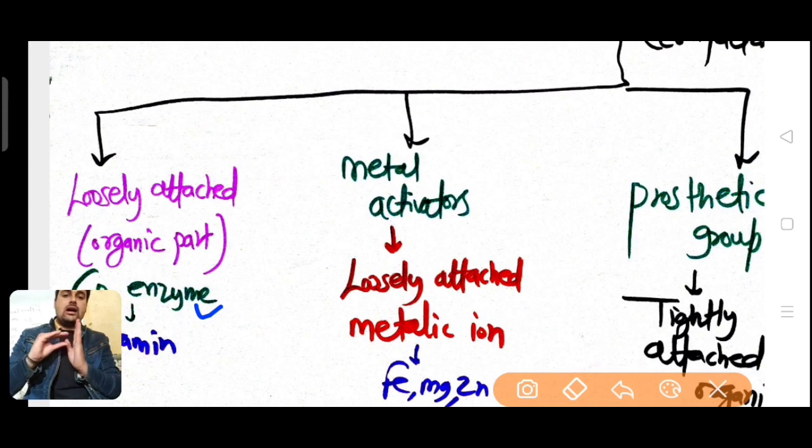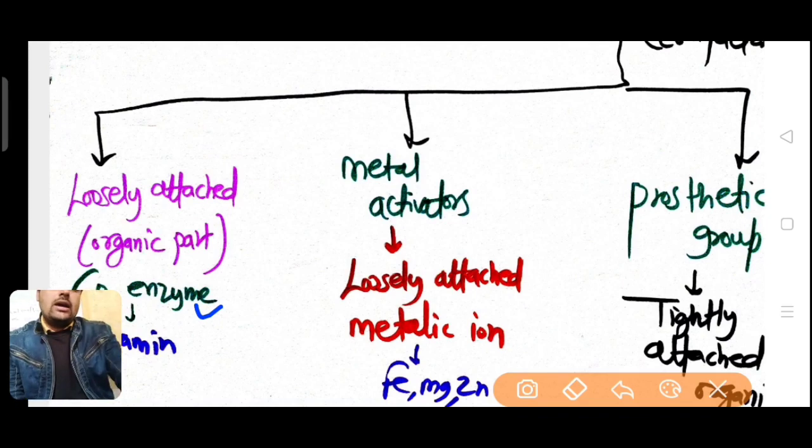If you take the half part made up of protein, we call it apoenzyme, and the non-proteinous part is called cofactor. If the cofactor is loosely attached with this part, then we call it coenzyme. In this category comes the organic part, or you can say vitamins, like niacin. These come in coenzyme because they are loosely attached with the apoenzyme.